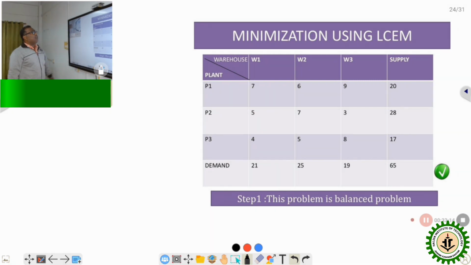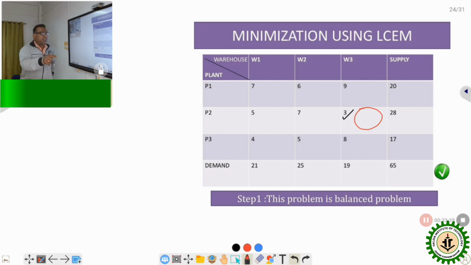Now let us see what is the minimum cost present here. In this case you can see that the minimum cost is 3. As you can see in the matrix, the minimum cost is 3, so we first aim to transport here.